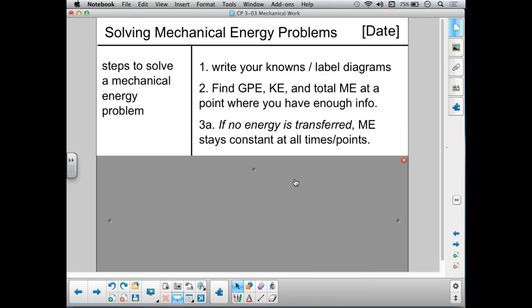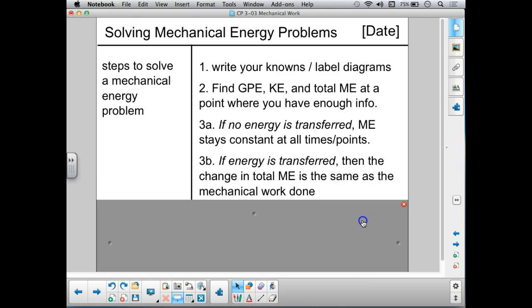So step 3A, if no energy is transferred into or out of the object, that means we aren't putting energy in, we aren't taking any energy out, then you know that the total mechanical energy is going to stay constant at all times and at all points.